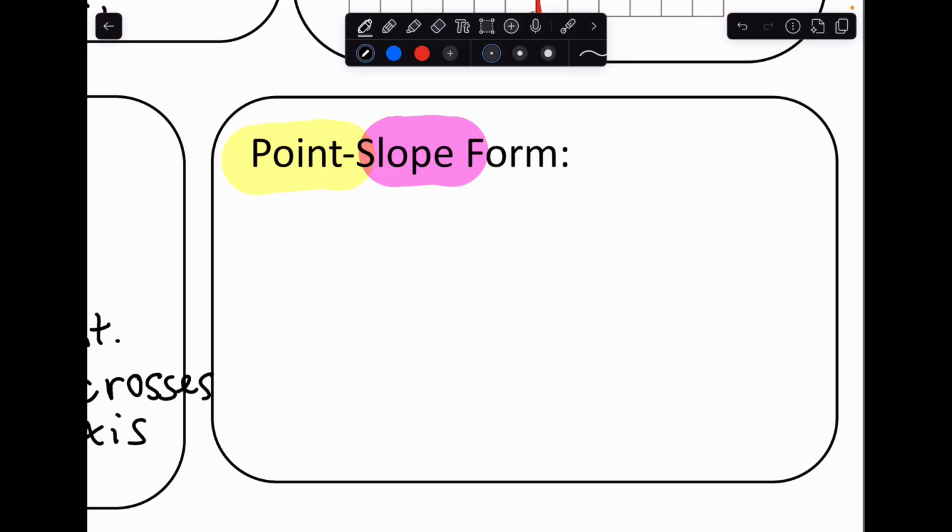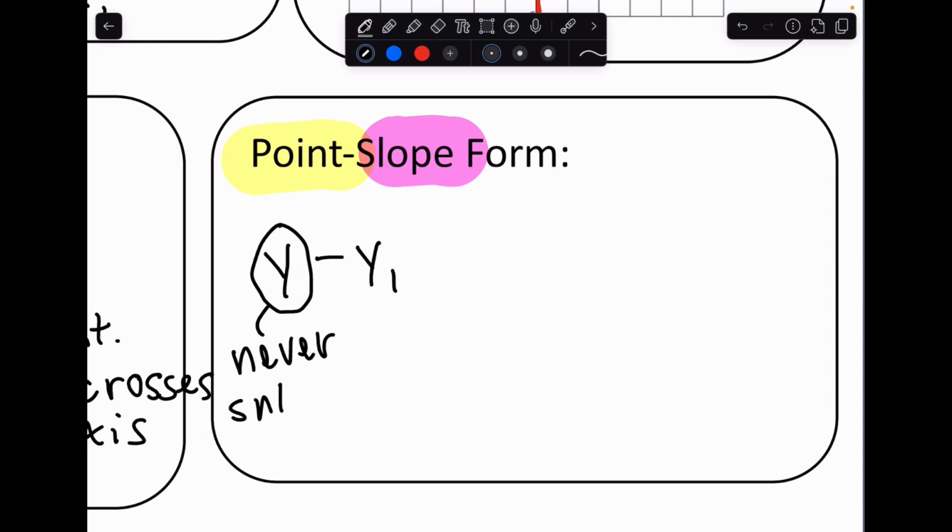So for our point-slope form, like we went over yesterday, we have our y minus y1. Remember, this y doesn't change. We never substitute. This y1 and our x1 come from our point.